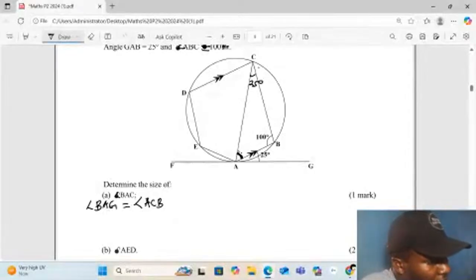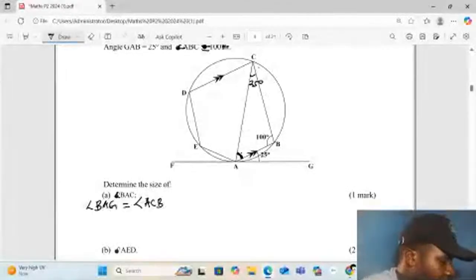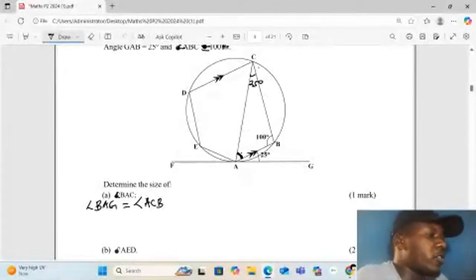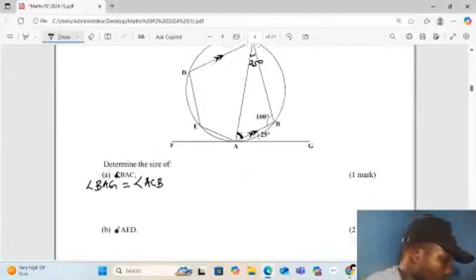Now, they're asking you to find the size of angle BAC. Now that we have 25, we have 100, and this one is missing, and you can see this is a triangle. Therefore, we use angles in a triangle which add up to 180.